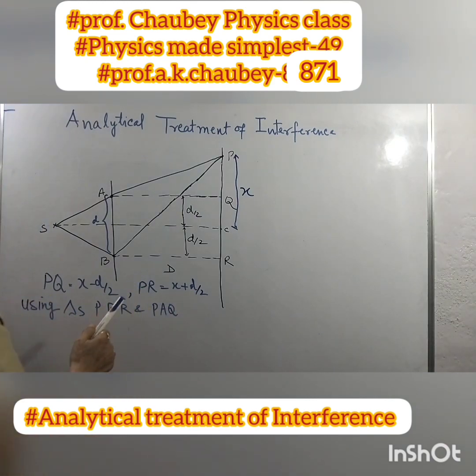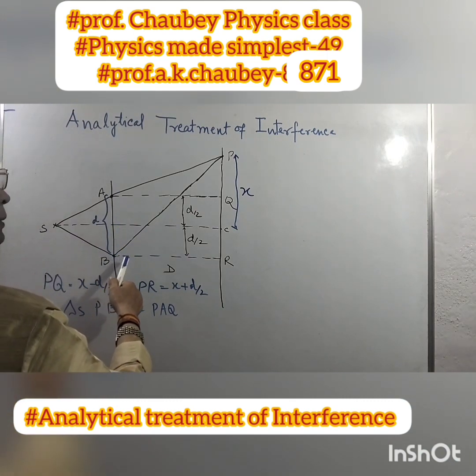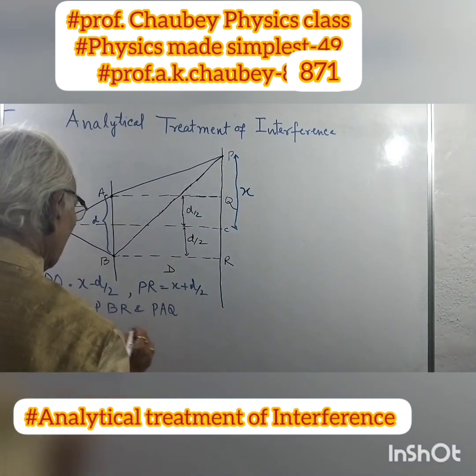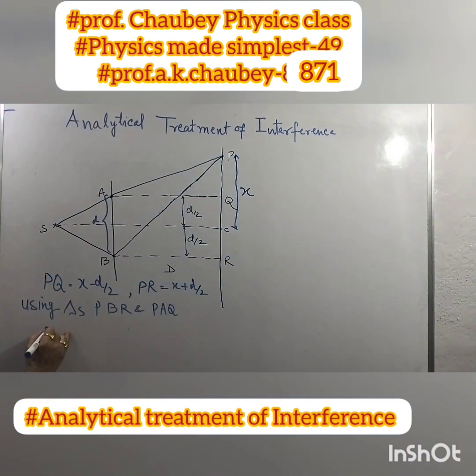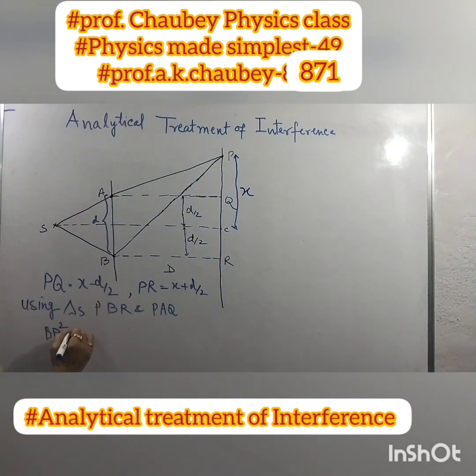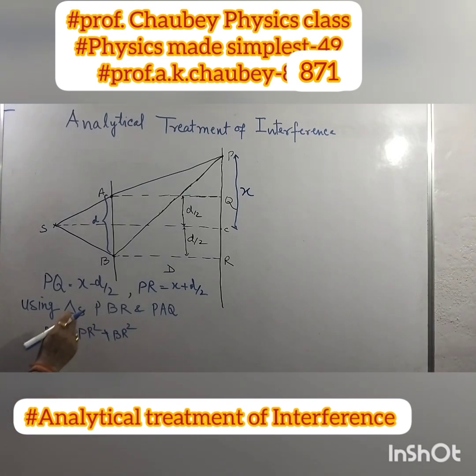Our aim is to find BP. We can find BP square, this square, is PR square plus BR square.